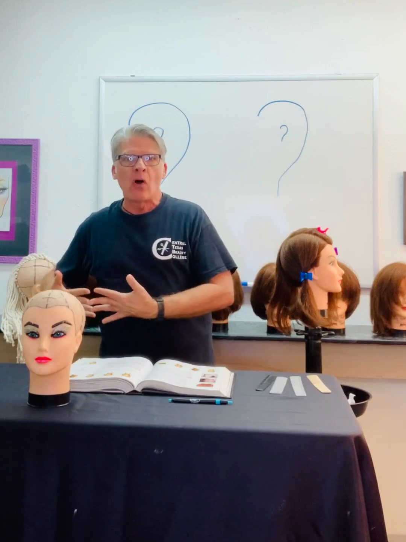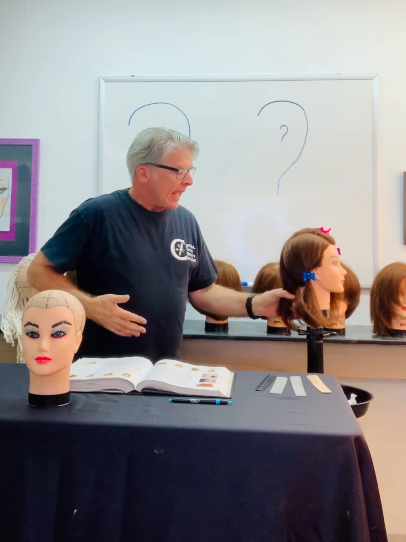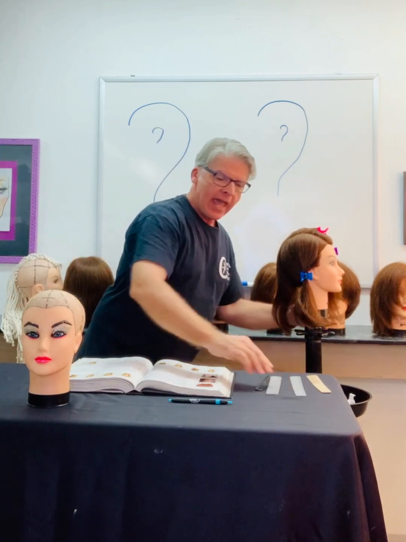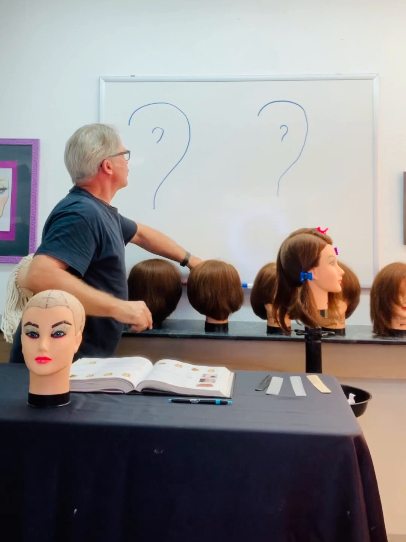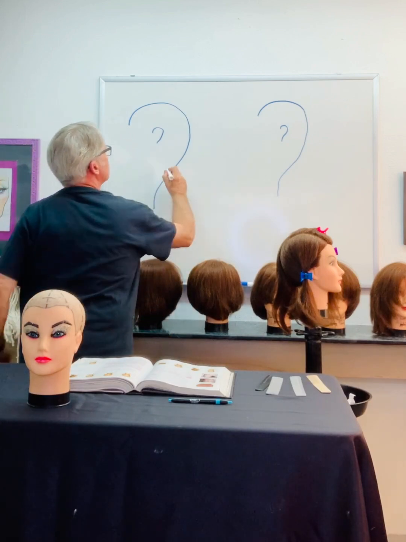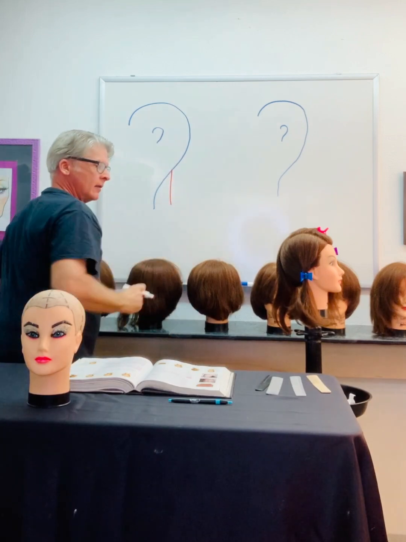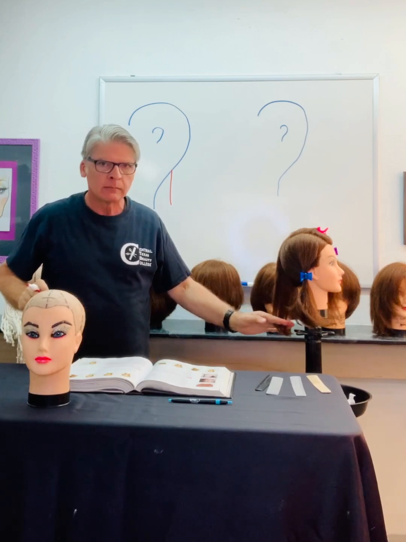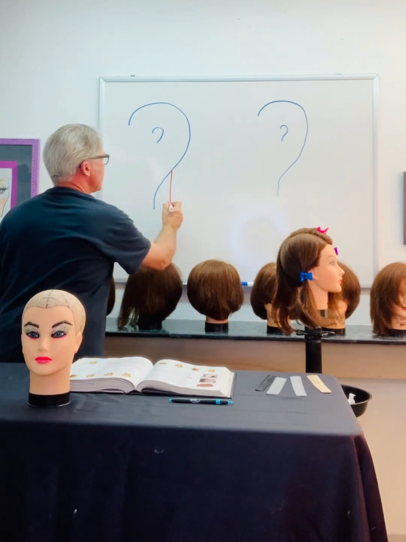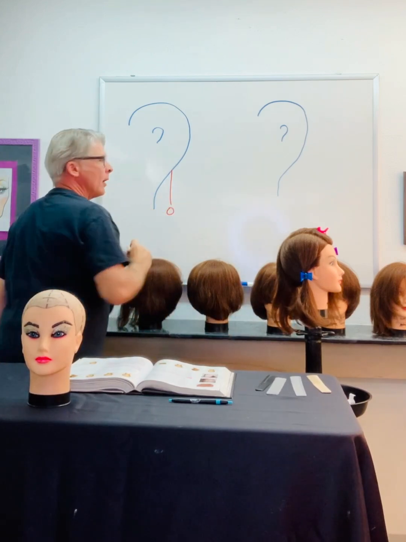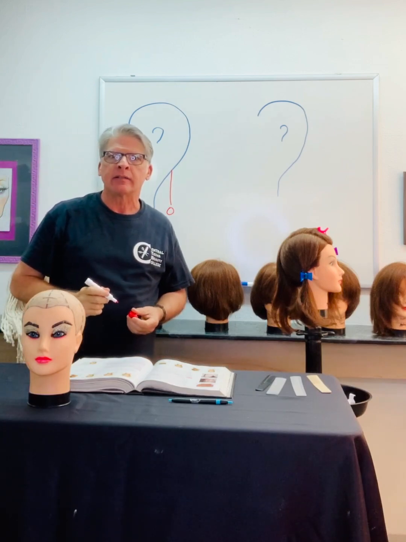So now let's go forward to elevation. Anytime the hair is hanging straight down from the head, just like girlfriend here, we have 0 elevation and or a blunt haircut.